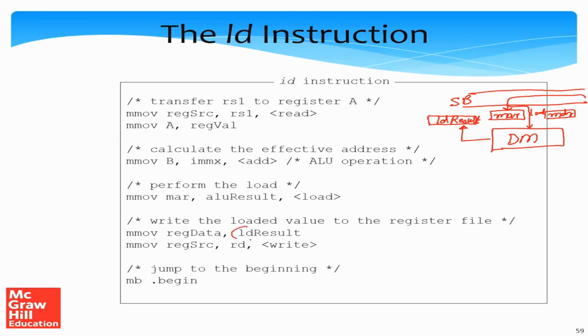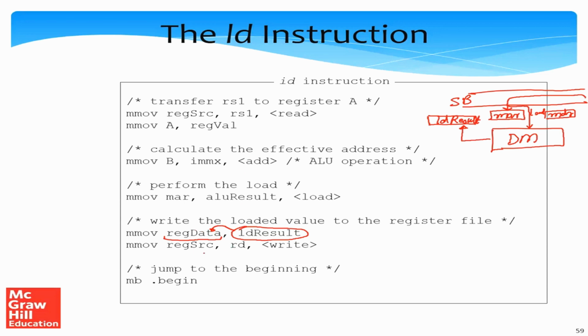So LD result contains the output of the load. Well, what is left is that we need to write the contents of LD result to the register file. How will we do that? Well, that's very easy. We have done it many times now. We transfer the contents using an mmove instruction. We transfer the contents to the reg data microregister, right? Because this contains the data that needs to be written.